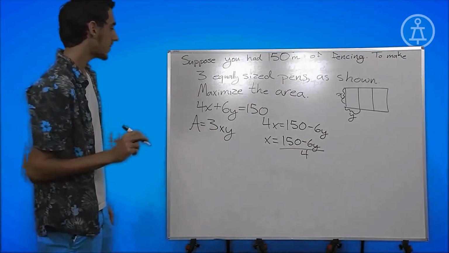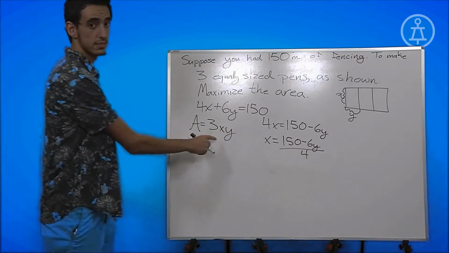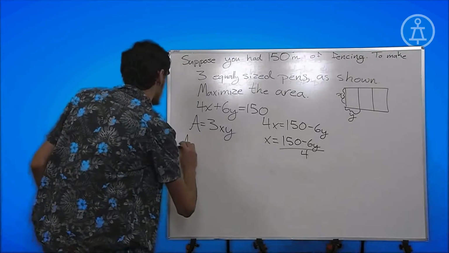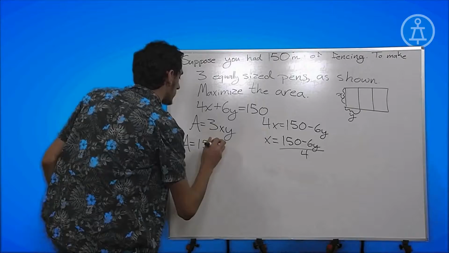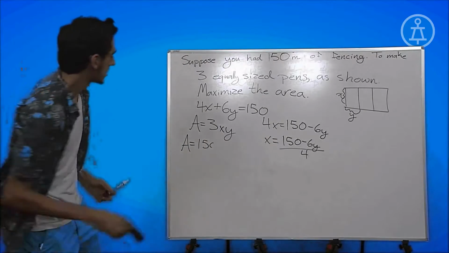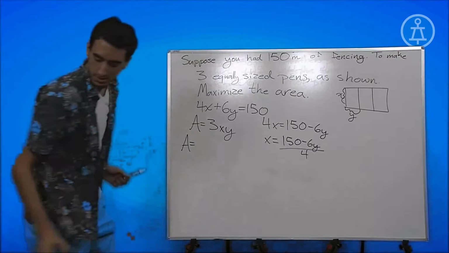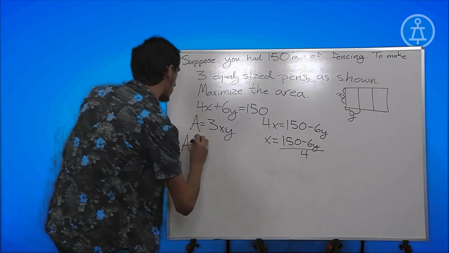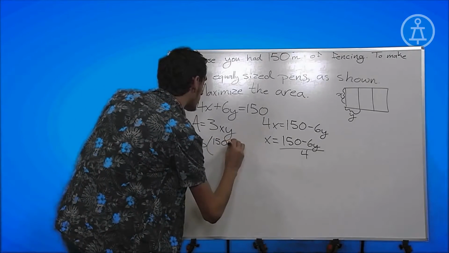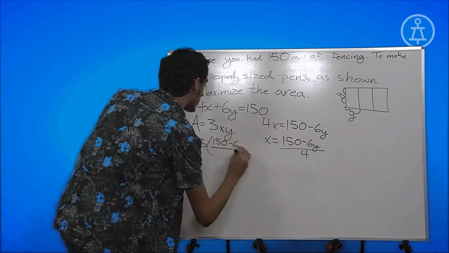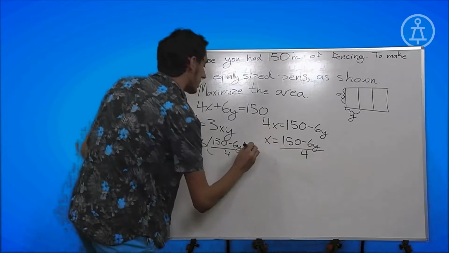Okay? So now I'm going to plug this in for x. So we know that area is going to equal, let me start with the 3 first, 3 times 150 minus 6y divided by 4 times y.